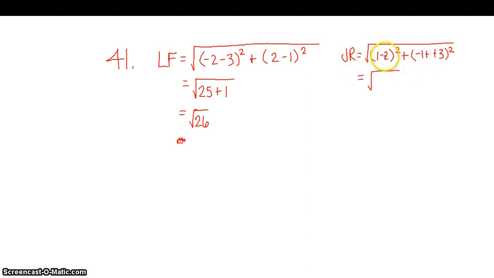So that's 1 minus 2 is -1, -1 squared is +1, -1 plus 3 is 2, so 2 squared is 4, so I have the square root of 5. So now I'll do the difference, so just type this in, square root of 26 minus the square root of 5, and I got approximately 2.86, which I think is letter B.